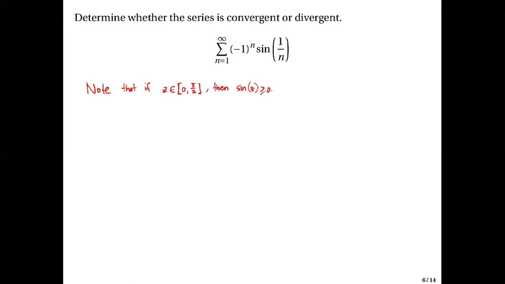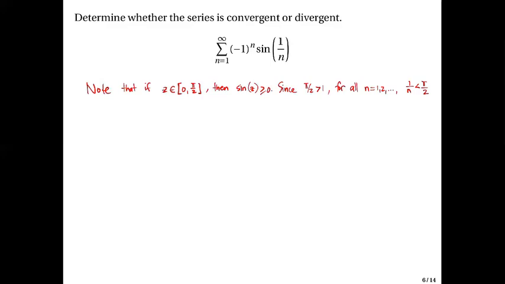So since pi over 2 is greater than 1, for all n equals 1, 2, etc., your 1 over n is less than pi over 2, correct? Because 1 over n will be less than or equal to 1.